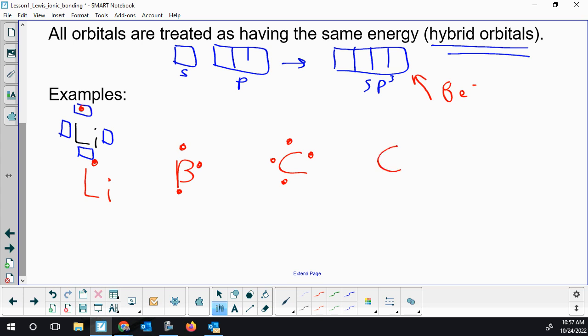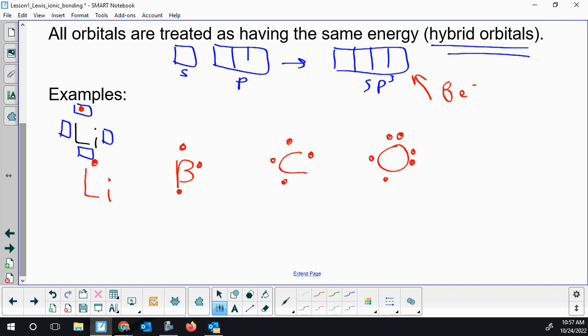When we get to oxygen, group 6A, we finally have to start pairing. 1, 2, 3, 4, 5, and 6. Now it doesn't matter where you put the pairs and where you put the singles. Most textbooks and teachers will start at the top, but that's not a rule.